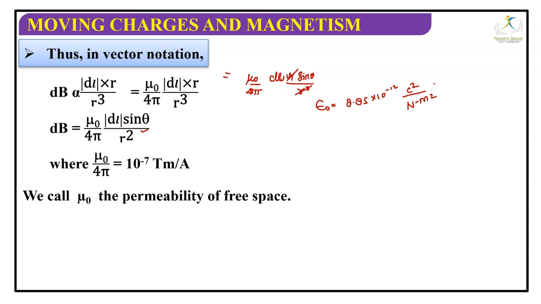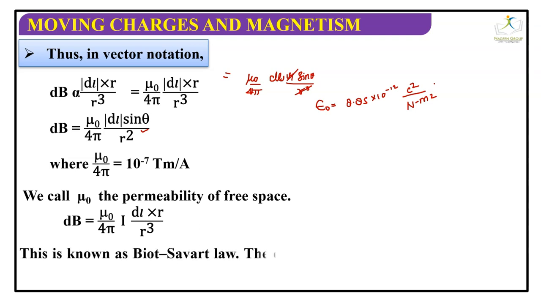Permeability comes when we study magnetism, and permittivity comes when we study electricity. So dB becomes mu naught by 4 pi, I dl cross r by r cube. This is known as Biot law, and the direction is given by the right hand screw rule.